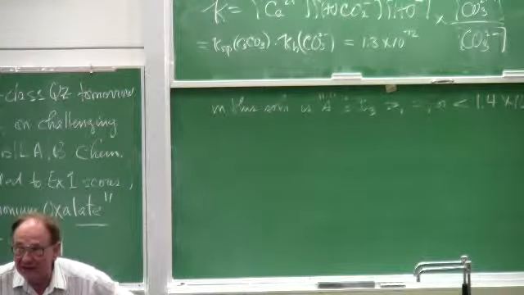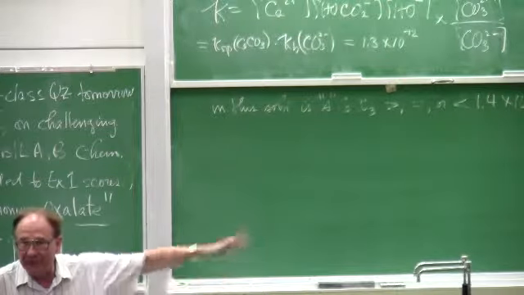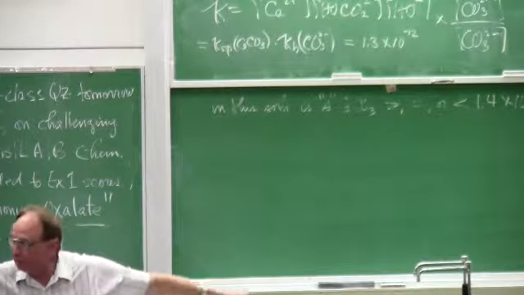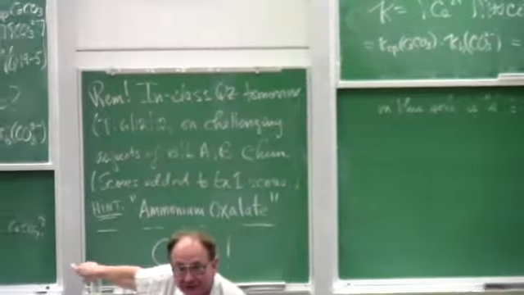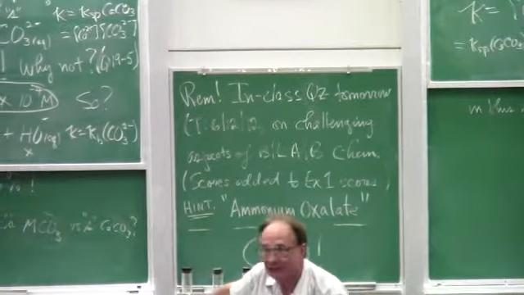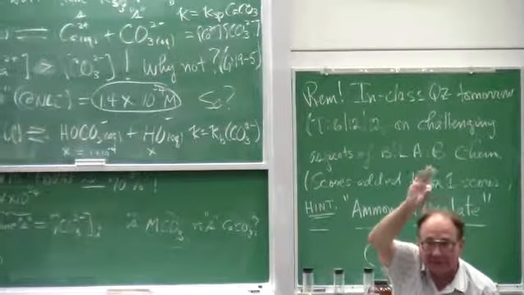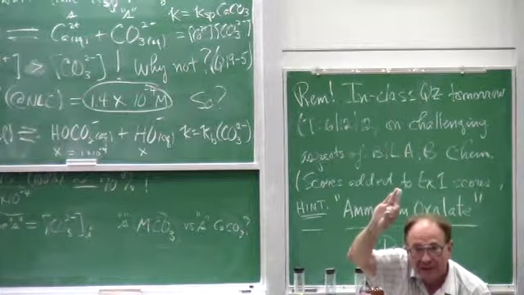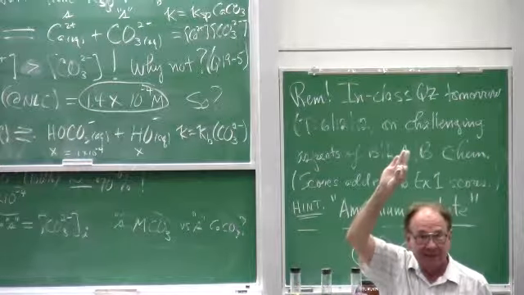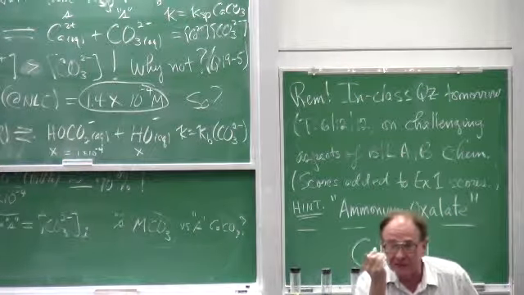Does it not seem reasonable to you that if I have a solution here which is 100 times more acidic than this solution, I'm going to kill carbonate more effectively? And the more effectively I kill carbonate, what do I do to the solubility of this stuff? I make it go up. You want to dissolve this?